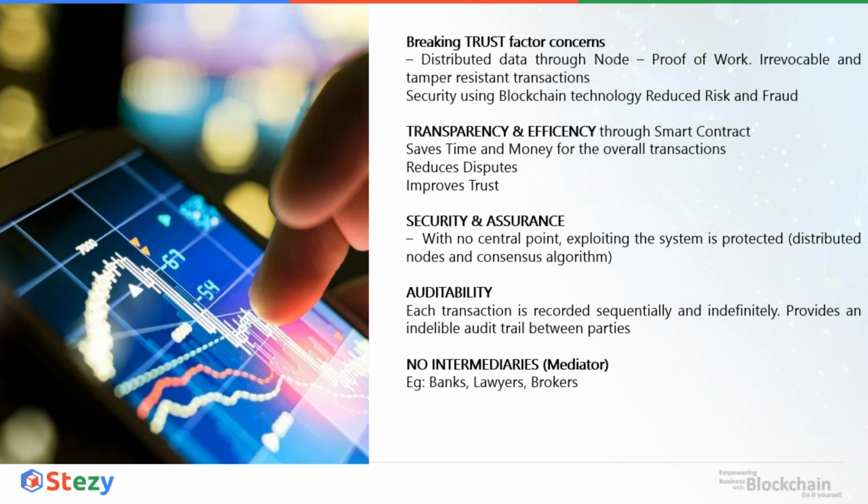Breaking trust factor concerns is a major concern today. Multiple partners work together, and there is a trust deficit between all these partners. So how do you trust the other partners without having to compromise data integrity? Blockchain comes into the picture for that, and it brings you better security, reduced risk, and reduced fraud, because you are not compromising on your data, but whatever is needed for the other parties to look into will be shared across all the parties.